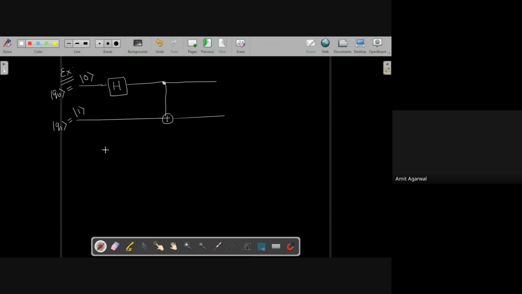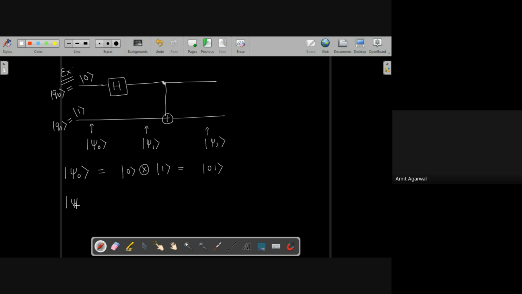So let's first write all the composite states at each step, and then we will analyze this using Qiskit. The first composite state, or the initial state, is ket 0 tensor with ket 1, which we also write like this, right?